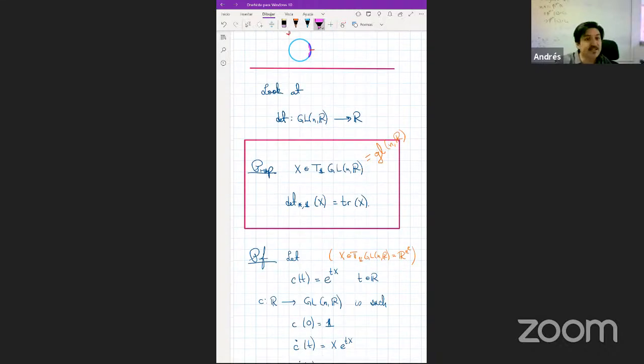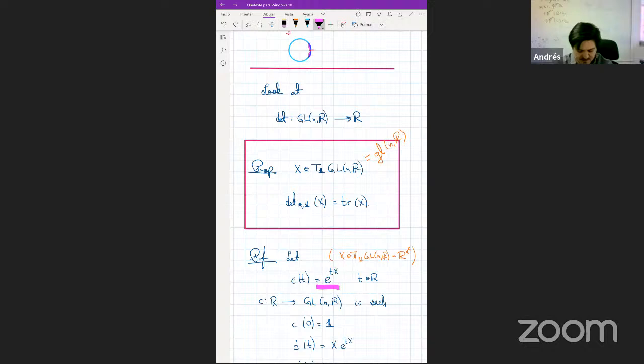And when I take t equals 0, I get the identity. And remember the other proposition that I didn't prove, what is the differential of this? So just like in calculus, you take the derivative of the exponent, and the rest is left like this.